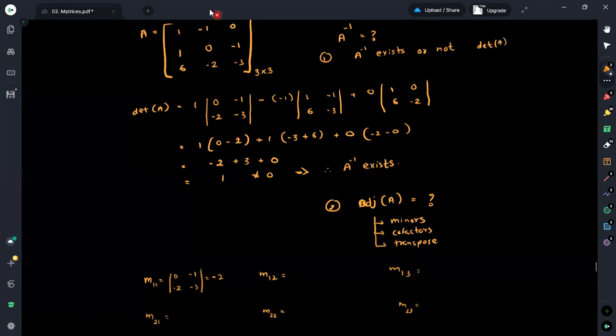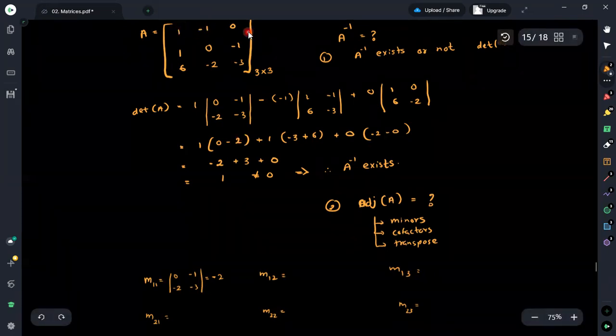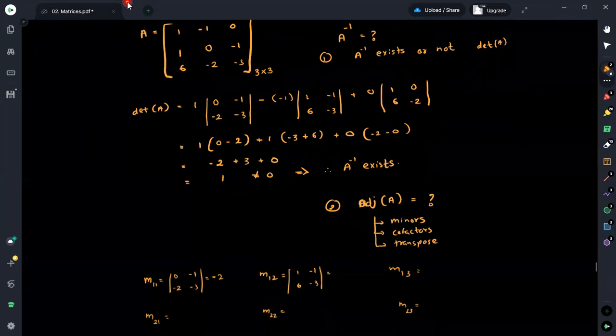Then M12, it is the value in the first row, second column. Therefore, the first row and second column have been cut down. Then we'll get the values inside the notation. It is 1, -1, 6, and -3. If you perform this calculation, then you will get -3 minus -6.